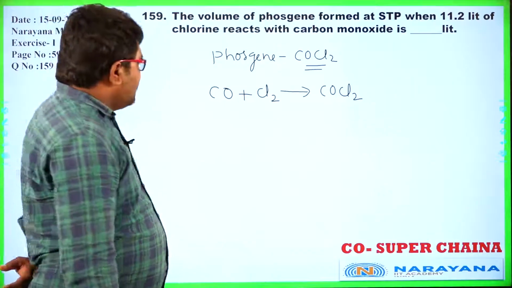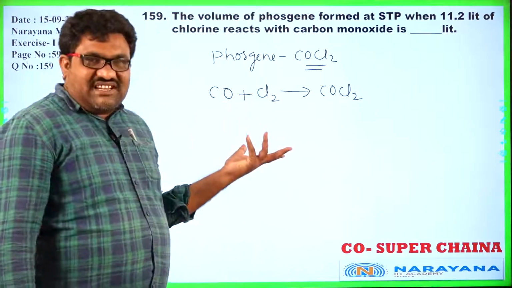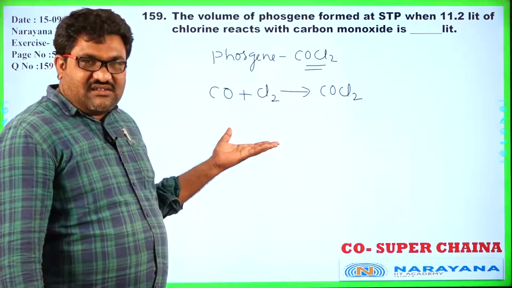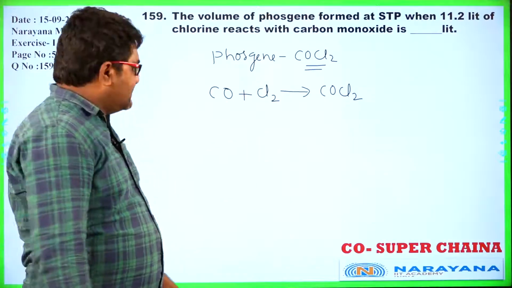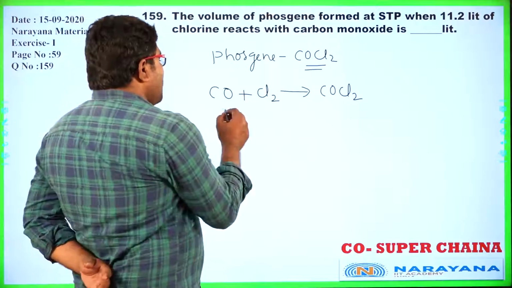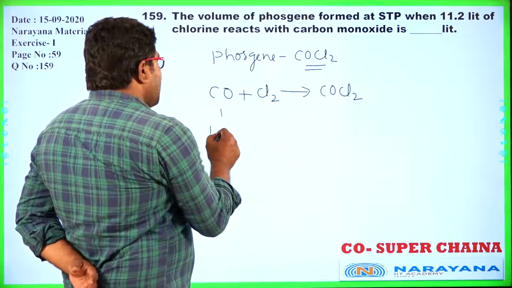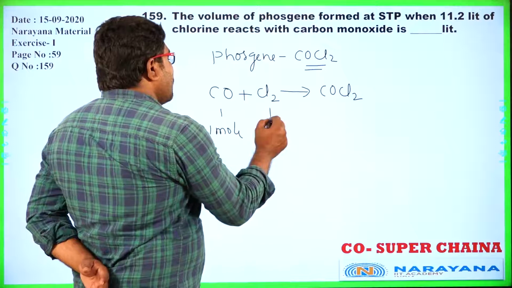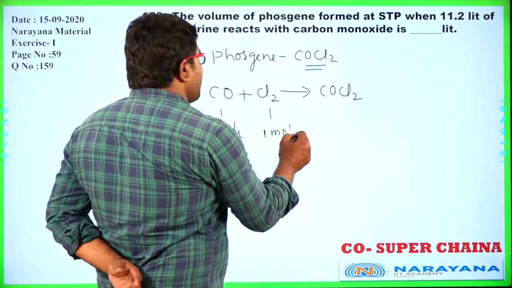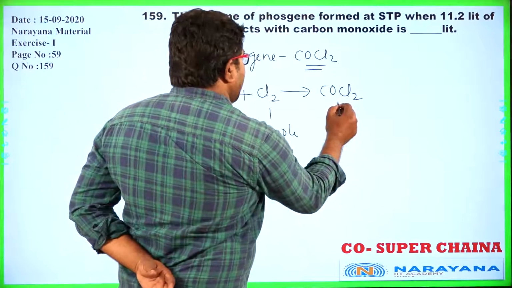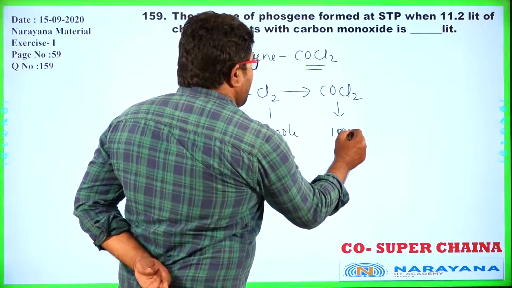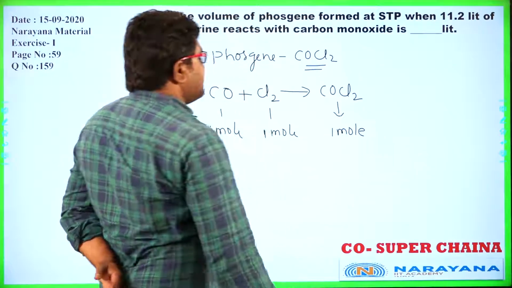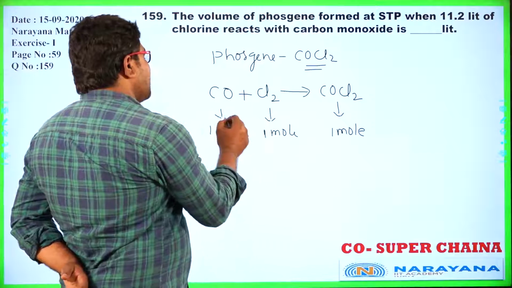Balance that equation; if you observe, it is already balanced. For 1 mole of carbon monoxide, 1 mole of Cl2 is required and 1 mole of COCl2, phosgene, is formed.